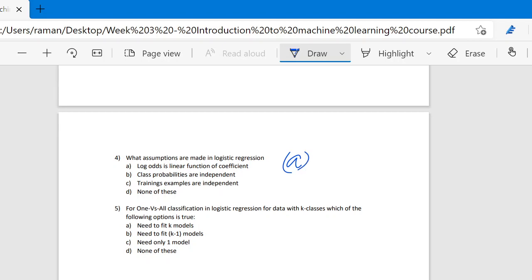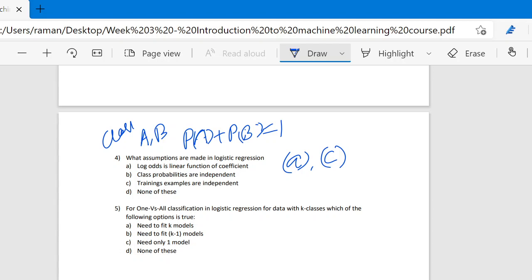Class probabilities are independent, which is not correct, because in a binary classification problem, suppose we have two classes, class A and B, then the probability of A and probability of B sum to 1, hence the probabilities of those two classes are not independent, so B is incorrect. Training examples are independent. This is a correct assumption and is used to derive the maximum likelihood estimate. So the correct answers are A and C.